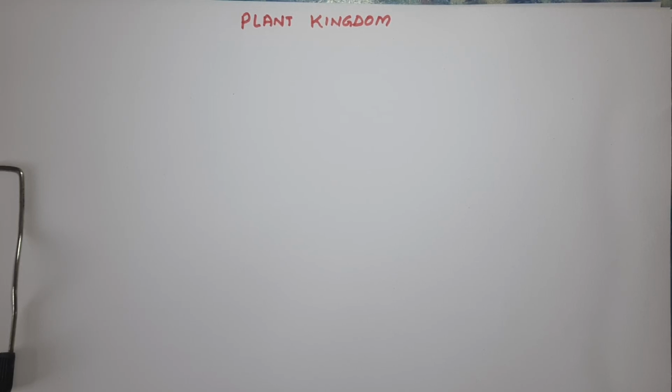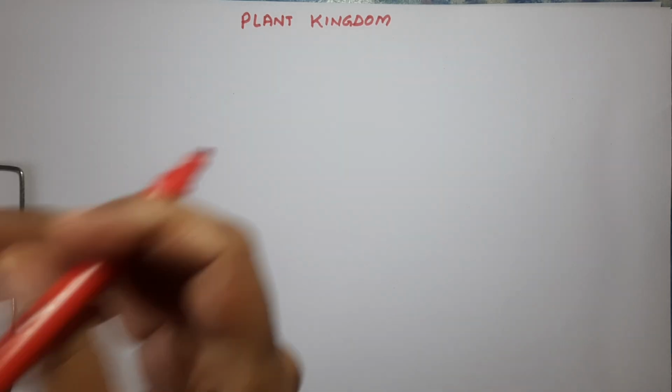And as you can see, today we are going to discuss the plant kingdom. We all know that the plant kingdom is basically divided into 5 types.